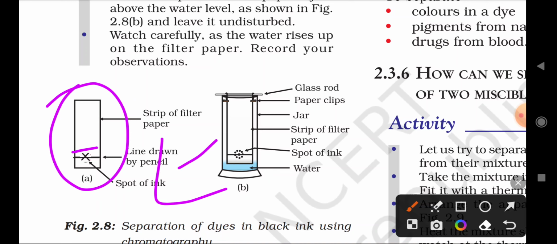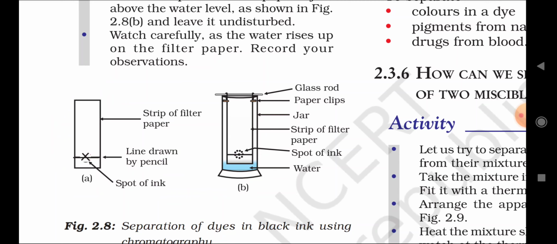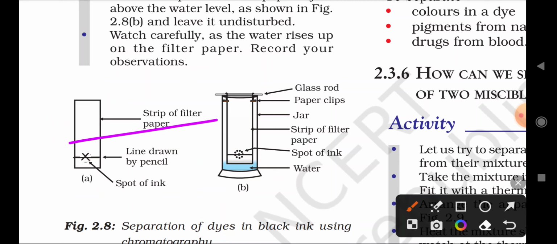The marked line must not touch the water, so we immerse the filter paper below the marked line, as shown in this figure.